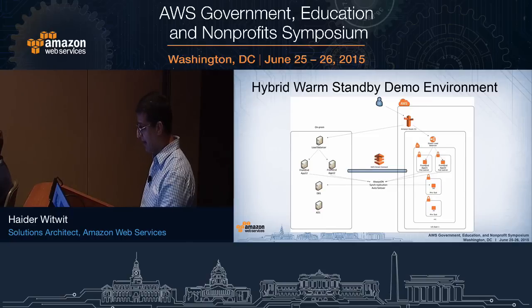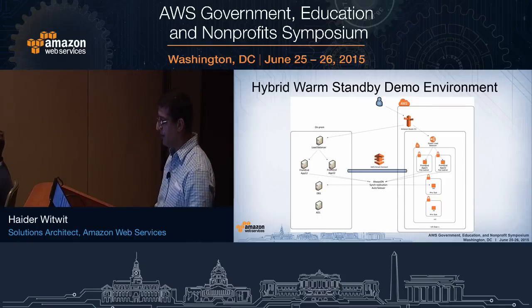To simulate that, again, this is a VMware machine, so I'll switch to my VMware machine. This is an HA proxy. Go to the network settings and disconnect the card. So now I've lost my on-prem part from the application perspective.